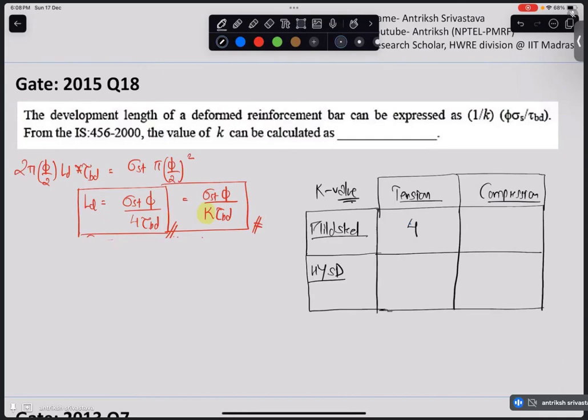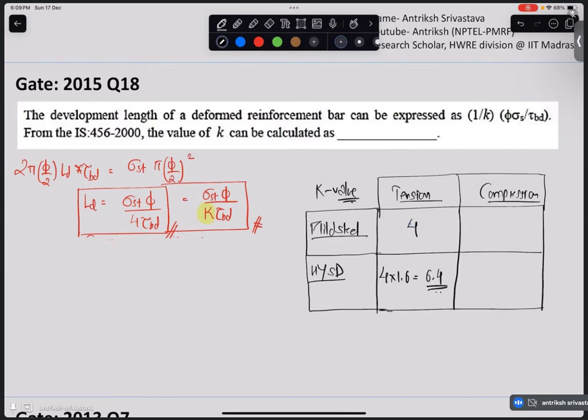Now, when you provide a high yielding deformed steel, tau BD increases by 60%. So tau BD will change, but its effect will be observed in K. So 4 into 1.6, that is 6.4. Now when you are under compression, regardless of the case, tau BD is going to increase by 25%.